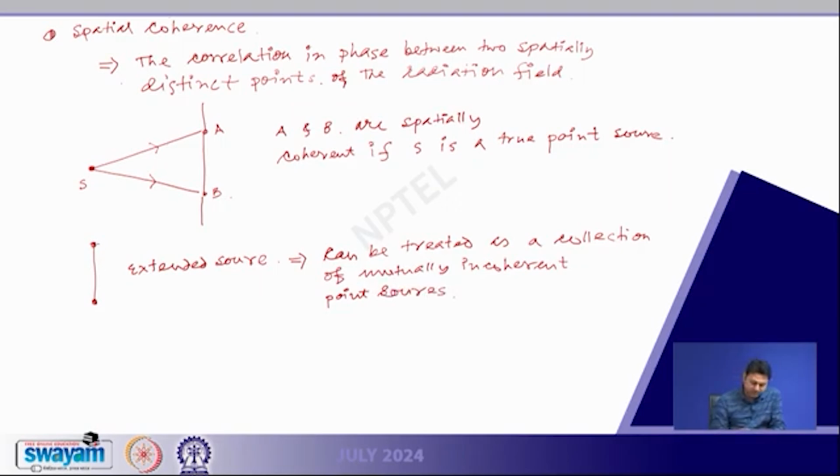That means the wave that is emitting from this point and the wave that is emitting from the other point do not have any phase relationship between them.